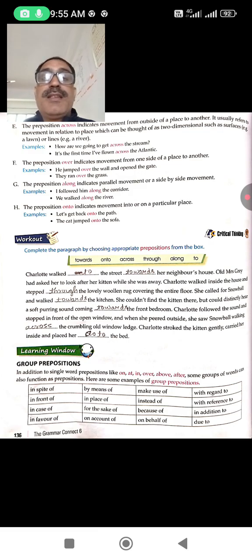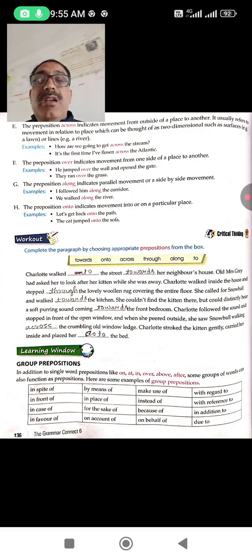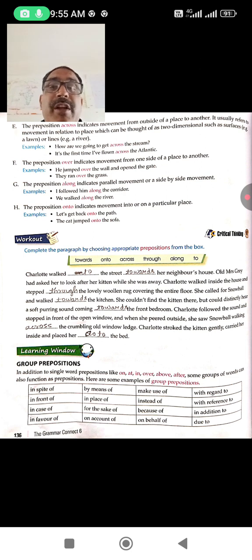Old Mrs. Gray had asked her to look after her kitten while she was away. Charlotte walked inside the house and stepped through the lovely woolen rug covering the entire floor. She called for Snowball and walked towards the kitchen.